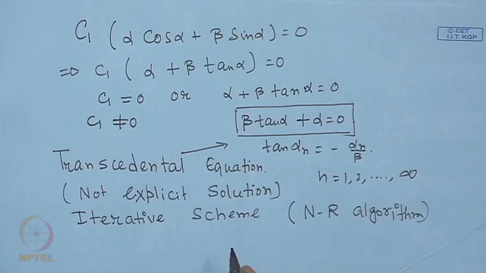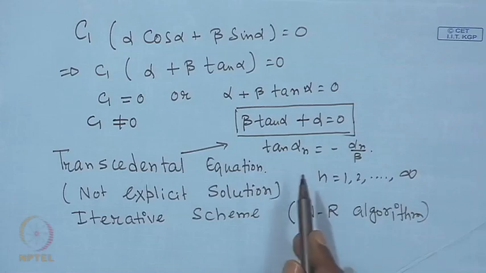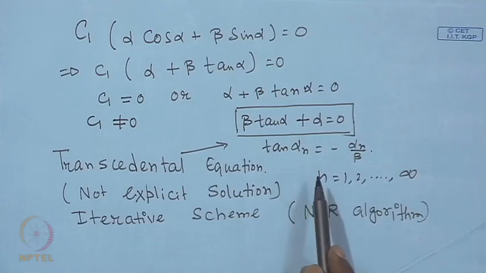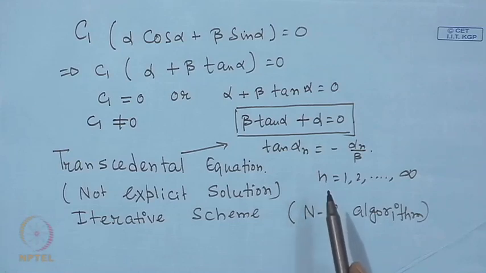And solve this equation. Now, if you put different values of beta, typically the solutions of alpha n will be increasing, almost in arithmetic progression with a common difference of about 3.